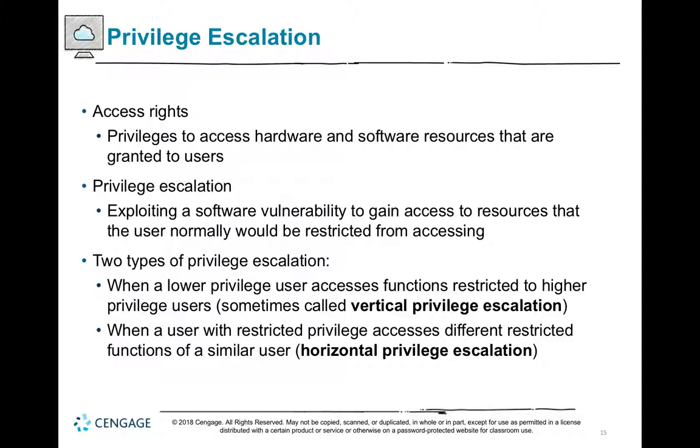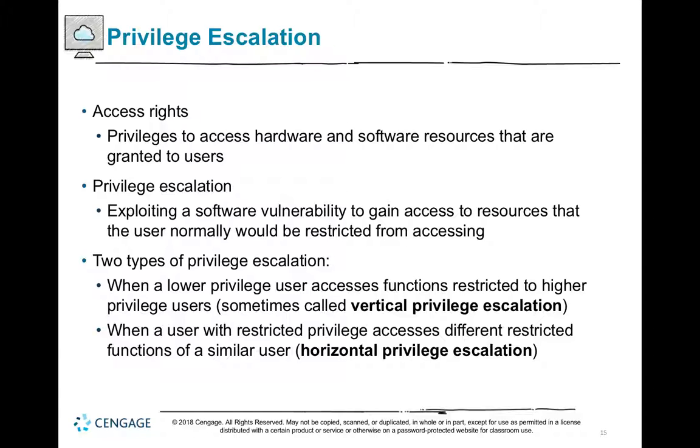And that's called vertical privilege escalation. Horizontal privilege escalation would be an attempt to access data that the user you're operating as doesn't have access to. So maybe you've compromised a user in accounting, but you really want to access data on a marketing server.